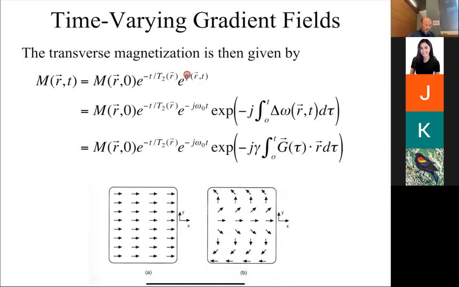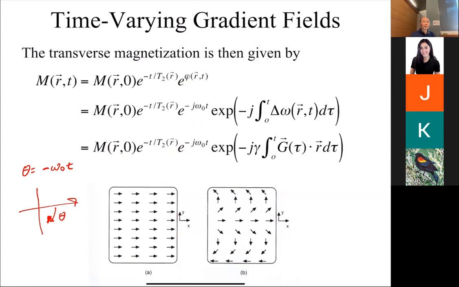If we write out what this phase is, it's got an overall term, e to the minus j omega naught t. That's the overall precession of all the spins that are occurring. Just to remind you, and related to the pre-lecture quiz, that omega is equal to minus omega naught t. So that means as a function of time, the theta of precession is becoming negative.